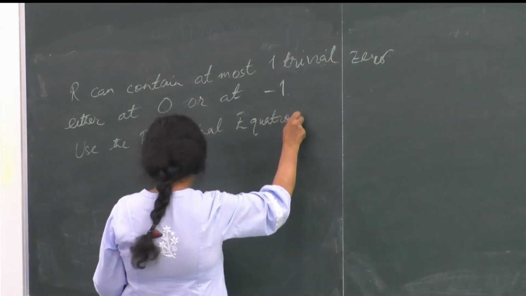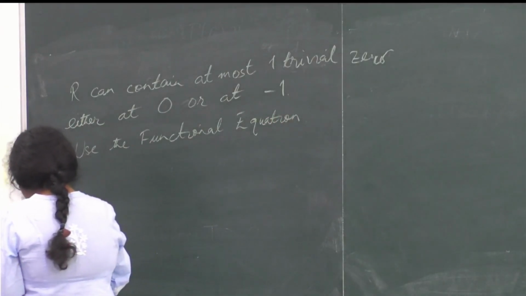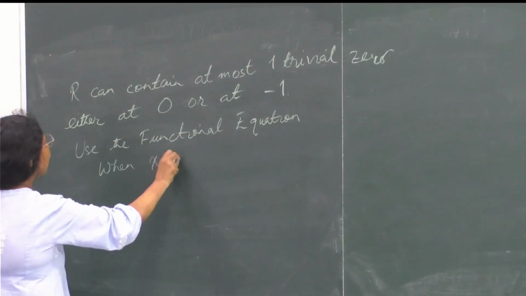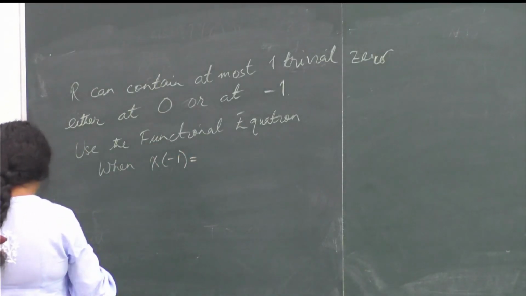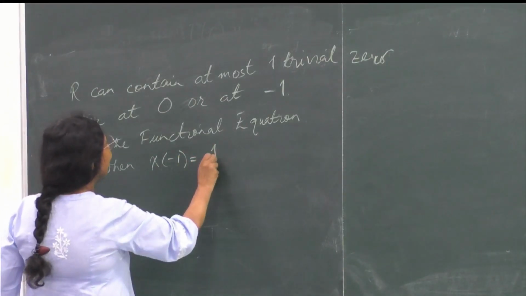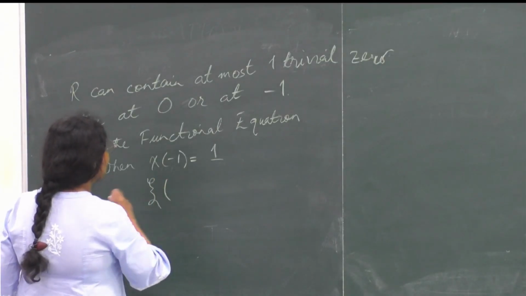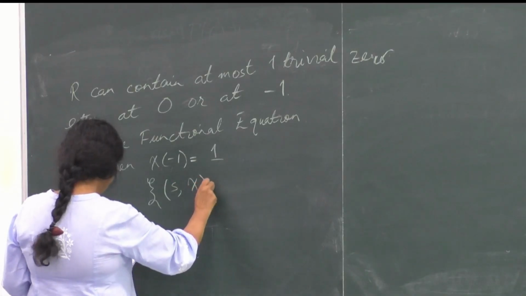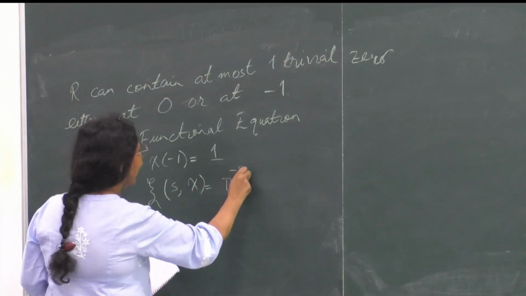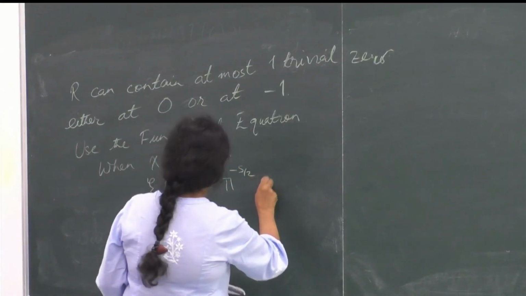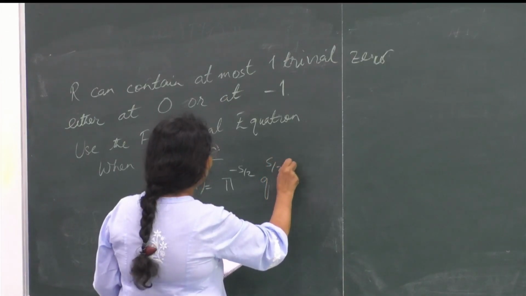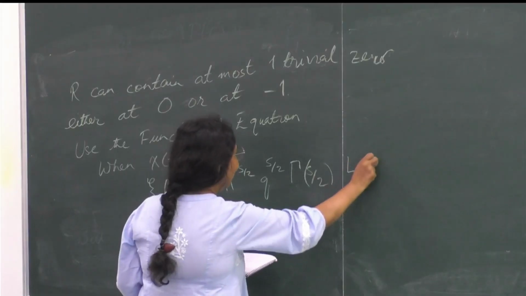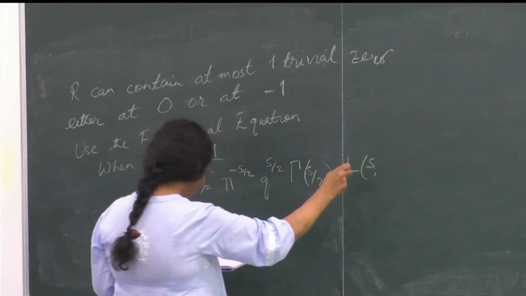When chi of -1 is equal to 1, then the completed function xi(s, chi), this you remember, is pi to the power minus s by 2, q to the power s by 2, gamma of s by 2, and L(s, chi). All right?